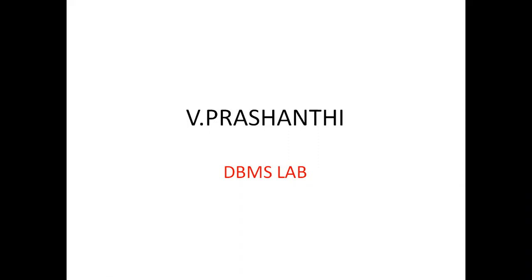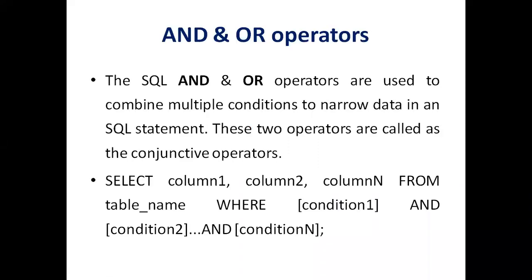Before going to the task 3 queries, I would like to discuss some of the operators in SQL. We have two operators in SQL, AND and OR operators. These are used when you want to use multiple conditions, that is, if you want to retrieve a record depending upon more than one condition.